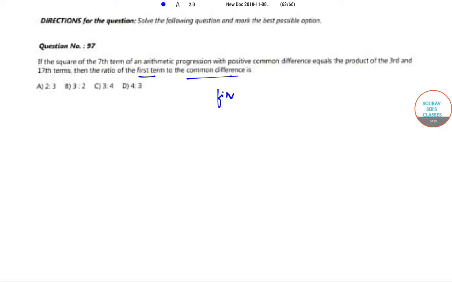So let the first term be a and the common difference be d. Then the third term is equal to a plus 2d and the 17th term is equal to a plus 16d.